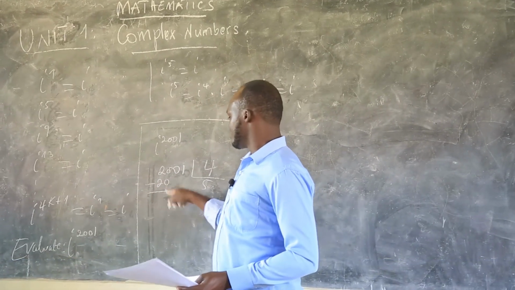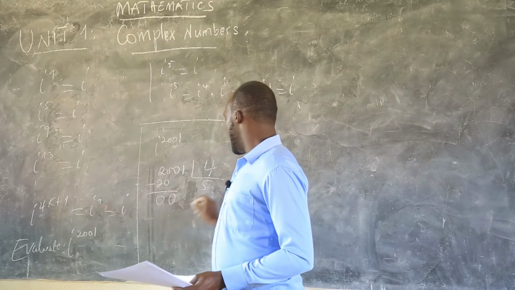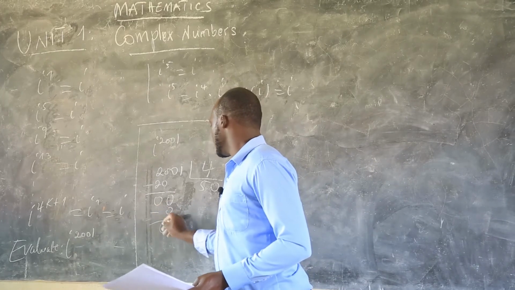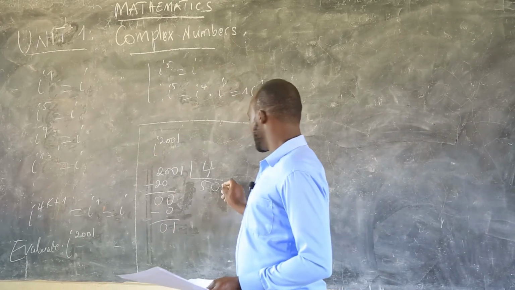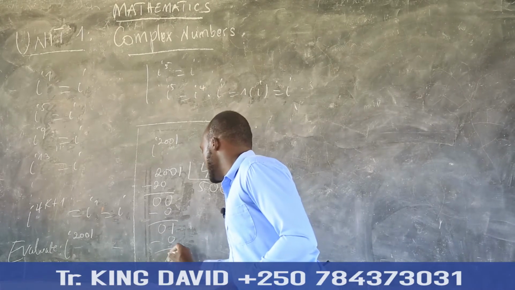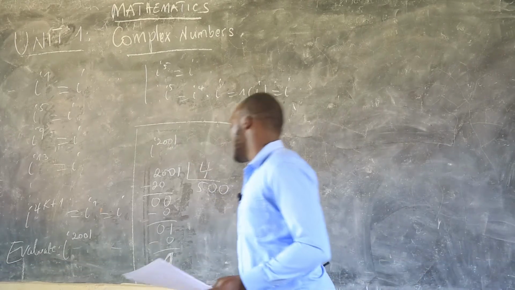So 20 minus 20 is 0. I put here 0. I also put here 0. 1 minus 0, it is 1. This is the remainder. Our remainder is 1.